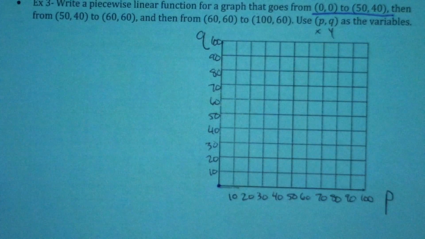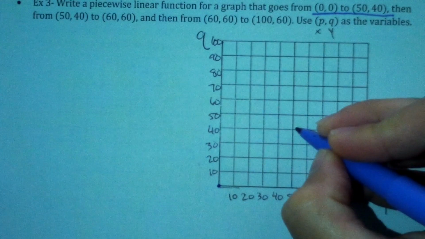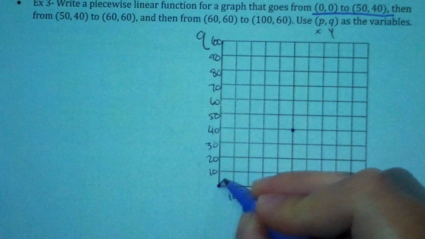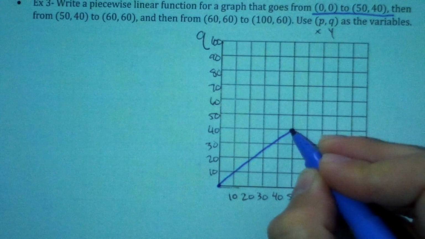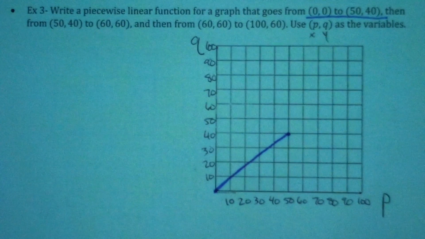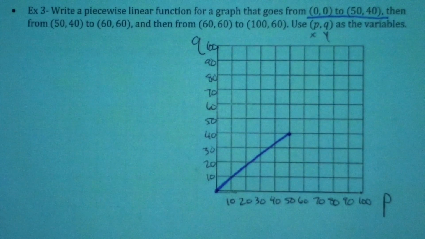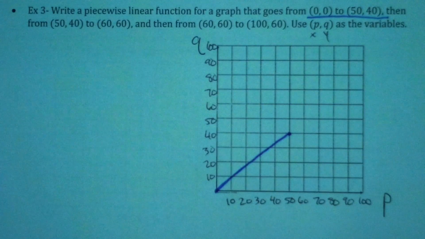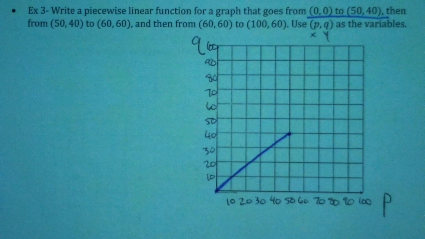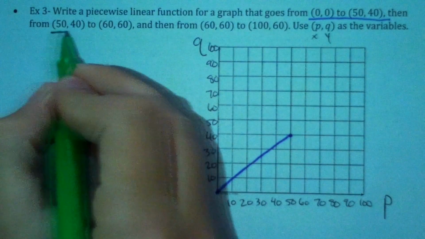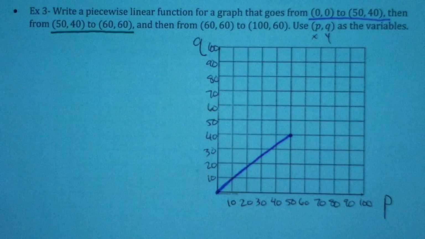Yep, the 40 minus 0 for our y's, so 40 minus 0 over, and if we choose 40 first, what's the bottom going to be? 50 for the x, minus our other x, which is 0. When we solve that out, 40 minus 0 is 40, 50 minus 0 is 50, and what would that reduce to? 4/5, right? Because we could pull a 10 out of each of those. So our slope there would be 4/5.